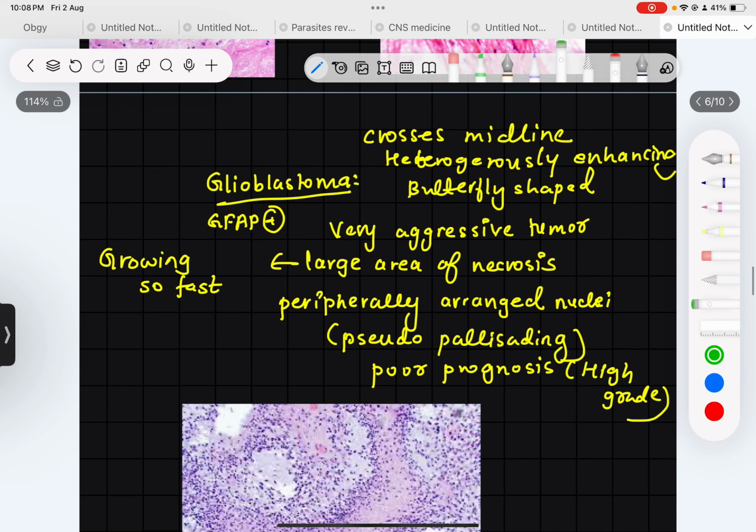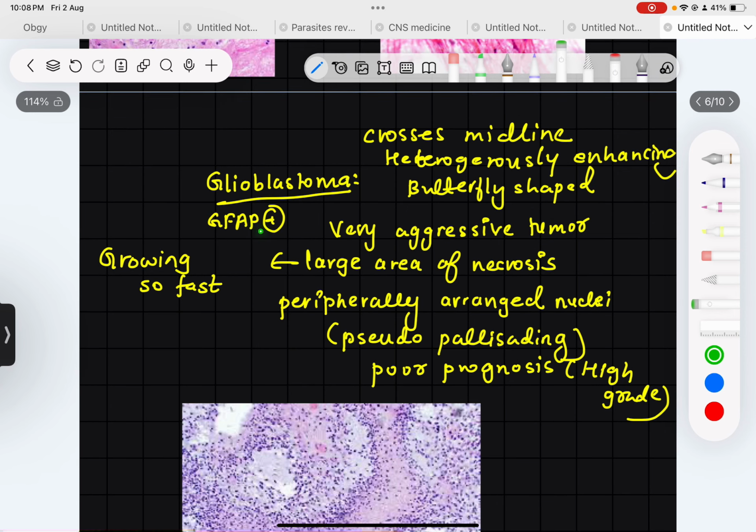Now the glioblastoma. Glioblastoma is also GFAP positive, and we have learned it is WHO grade 4, which means it is going to be a very aggressive tumor, very poor prognosis, high grade tumor. And what will happen when the tumor is very high grade? It is going to grow very fast, and if the tumor is growing very fast, some tumor cells are not going to get nutrition because they have less time to form blood vessels, so a large area of necrosis will be seen.